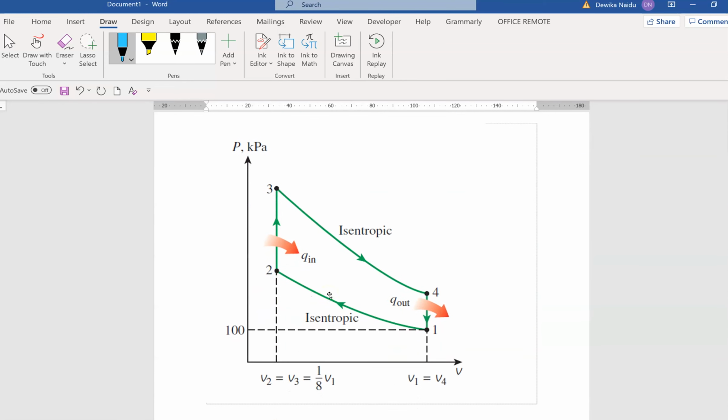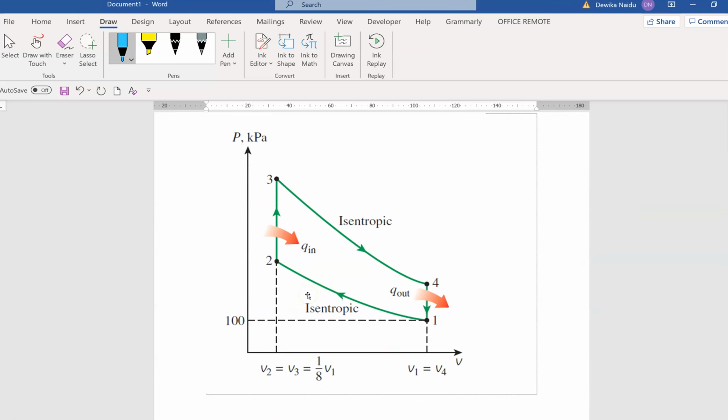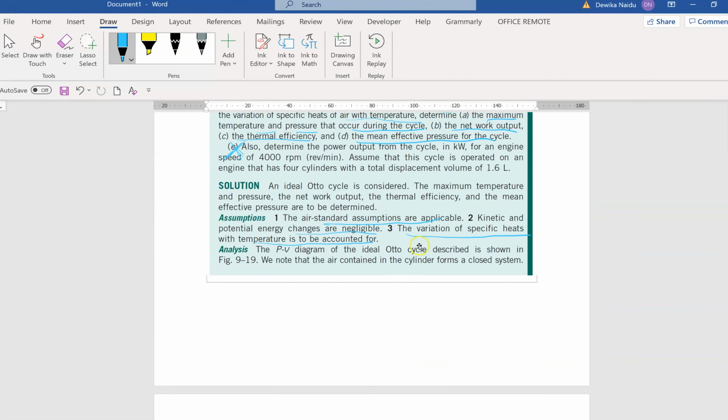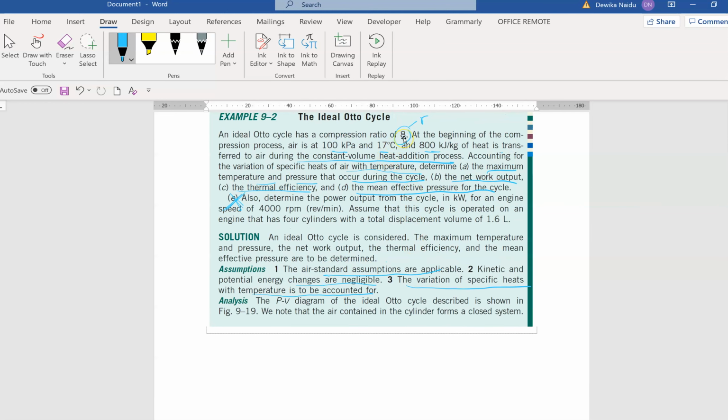So this is how an Otto cycle will be. These are the hints, where V1 is equal to V4, and V2 is equal to V3, which is 1 over 8 of V1, as given in the question. The compression ratio is 8 times.